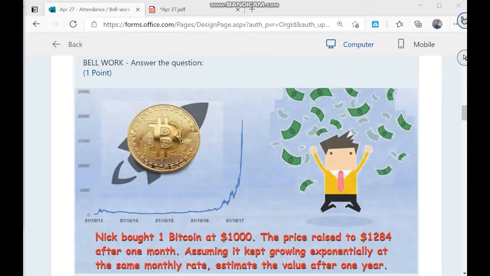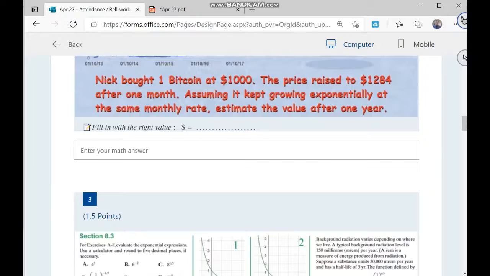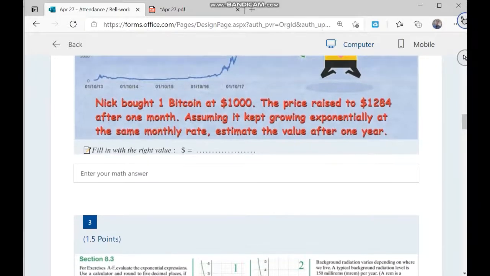Let me check. 3,408. Okay, Jaelian. Let's check now the right answer. Let's check how to calculate, how to estimate this investment. Look, Nick bought 1,000. So 1,000 is the initial investment. He invested 1,000.